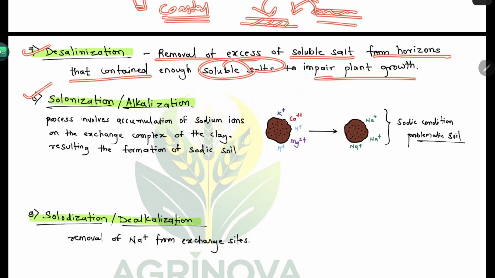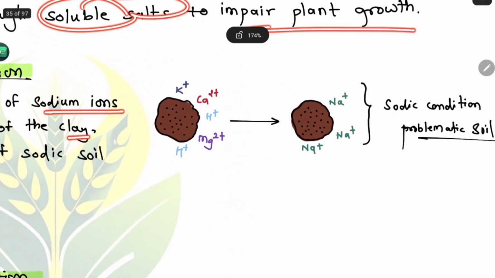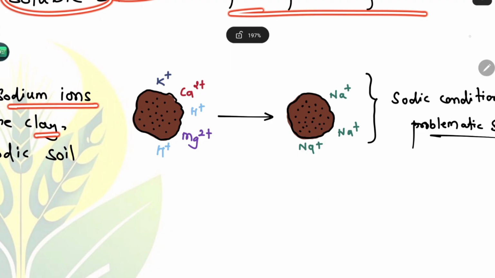The next, sodication, which is also called as alkalization. So it is the process of accumulation of sodium ions on the exchange complex of the clay. So here in the image you can see that here is the clay complex. Okay, this is the clay complex.